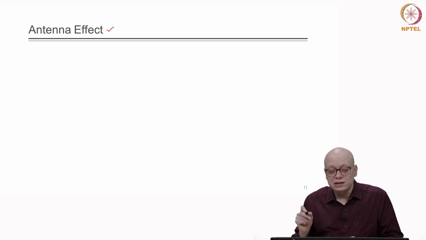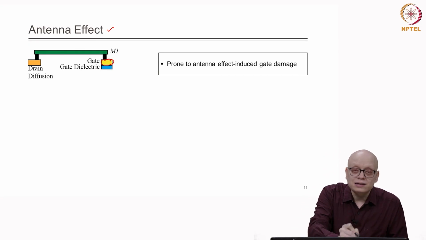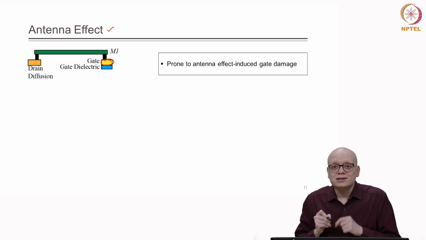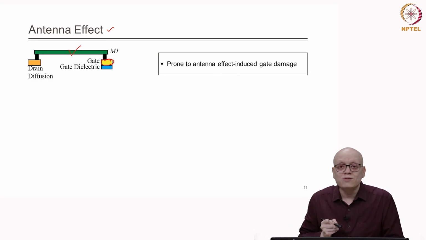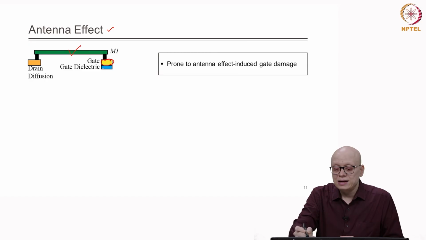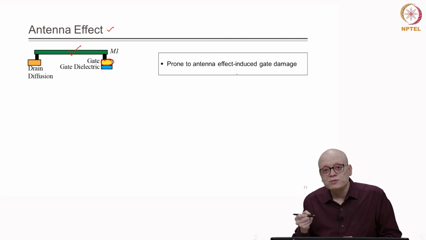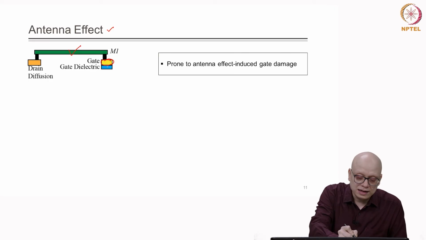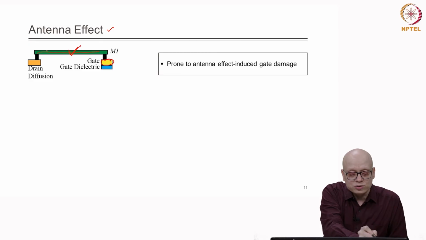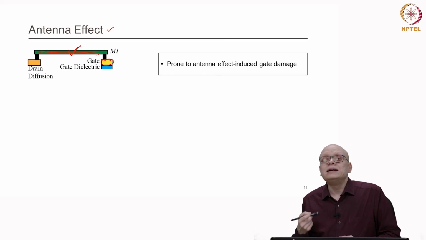We had discussed earlier that when a gate dielectric and the gate terminal of a transistor is directly connected to the lower level metal M1, it can lead to an antenna rule violation, and this gate oxide can be prone to antenna effect induced gate damage, also known as plasma induced gate damage. So, if this gate terminal is connected to an M1 line, and this area or length is large, then there can probably be an antenna rule violation.